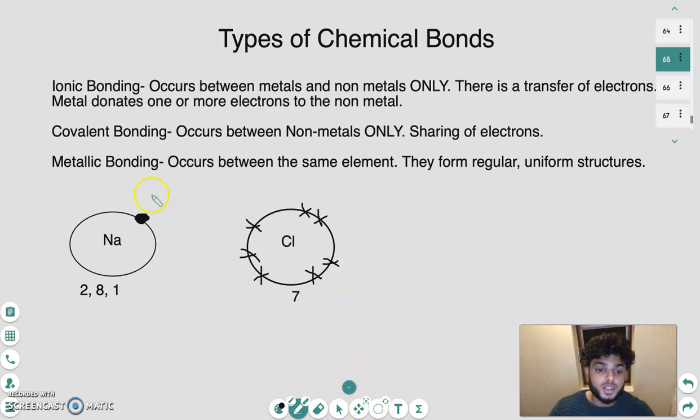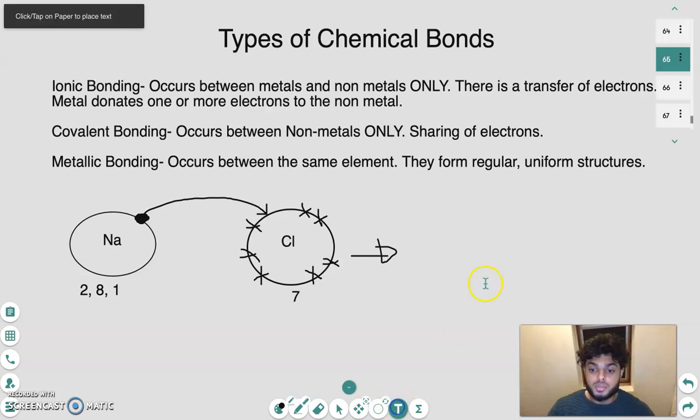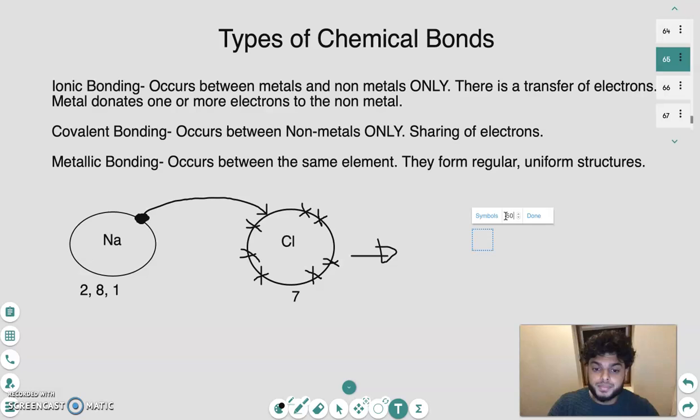So let's just show this by it donating its electron. Now the result of this is sodium chloride. So it's bonded together, and now it is sodium chloride.